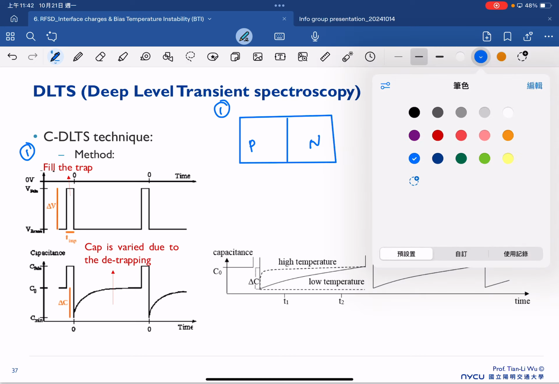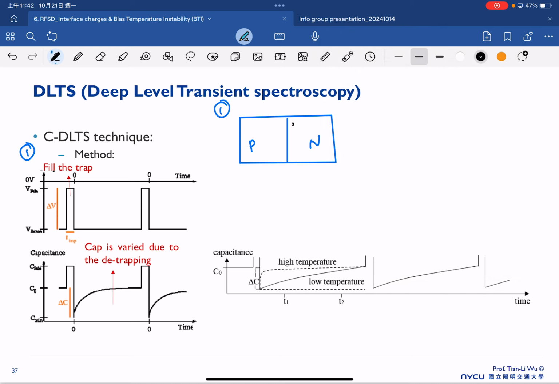So first of all, we possibly have a defect in this region, but we want to see how this defect will influence our characteristic. So what we should do is we have to fill the trap.